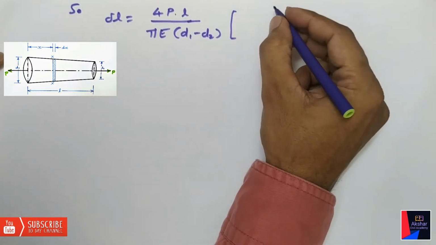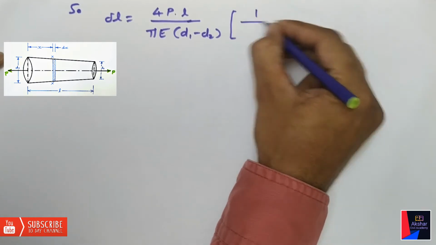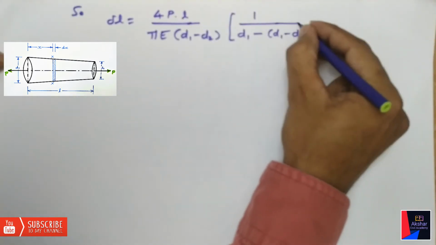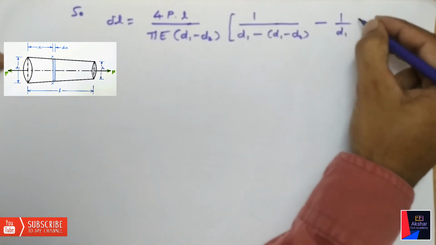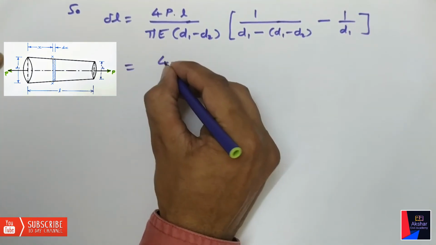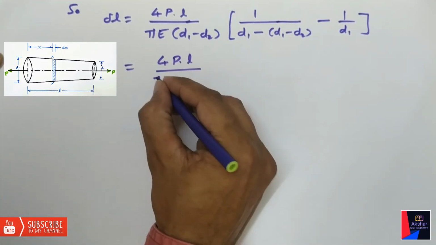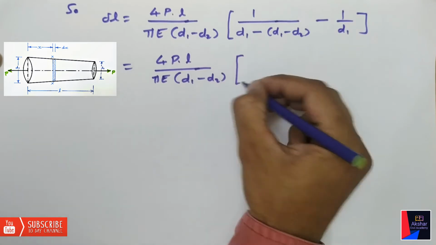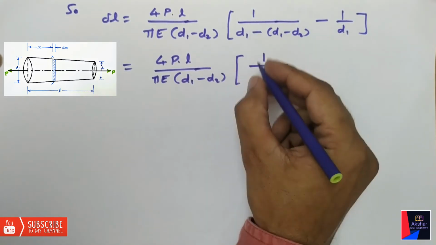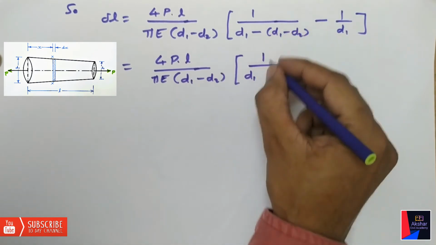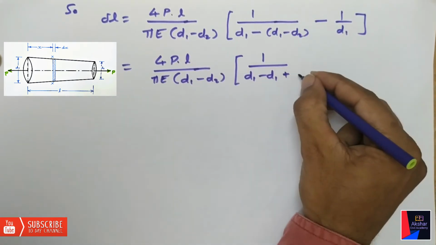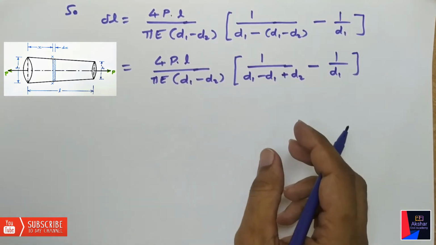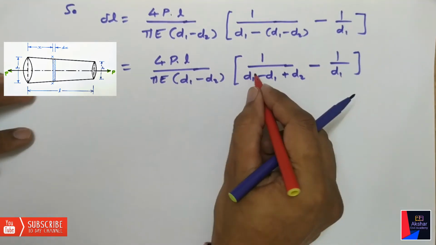In bracket there will be 1 upon (d1 − d1 + d2), by opening the bracket, minus 1 upon d1. Okay, so we will get 4P into L upon pi E (d1 − d2), in bracket 1 upon d2 minus 1 upon d1. Here d1 will be cancelled.